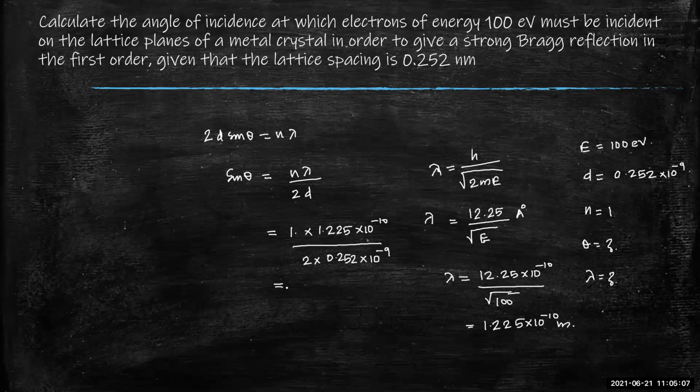It can be obtained as 0.242. So sine theta is equal to 0.242, or theta is equal to sine inverse of 0.242, which is approximately 14.1 degrees. So this is the answer.